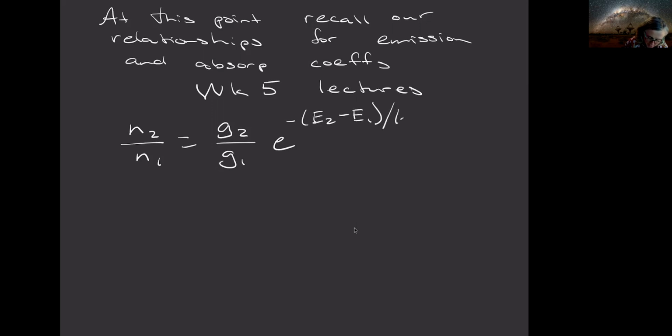You might recall this that we wrote out in week 5. And similarly, we've already talked about relating the Einstein B coefficients with the statistical weights. So from those, we can pull together a set of relationships that describe the absorption and the emission coefficients for a few different types of transitions.